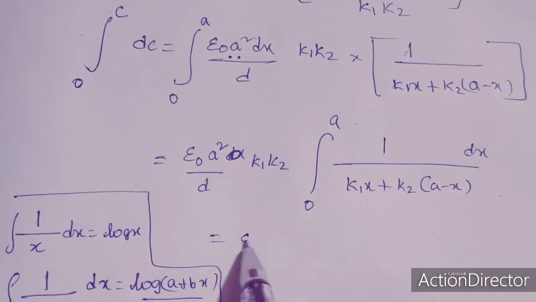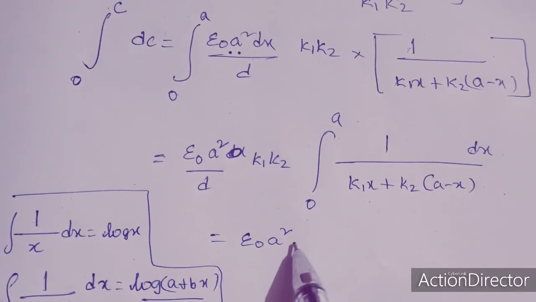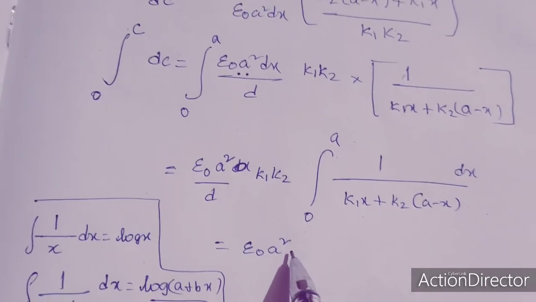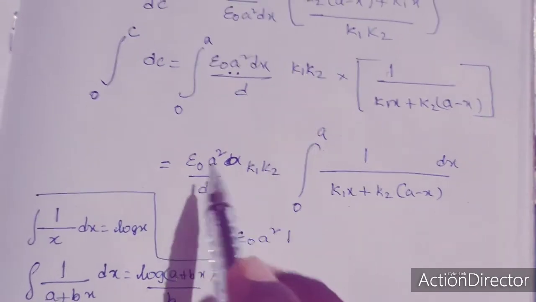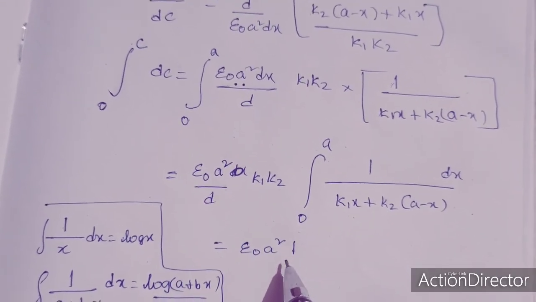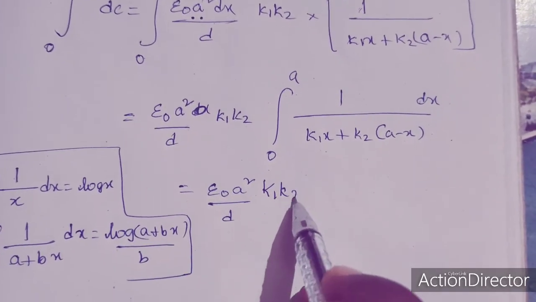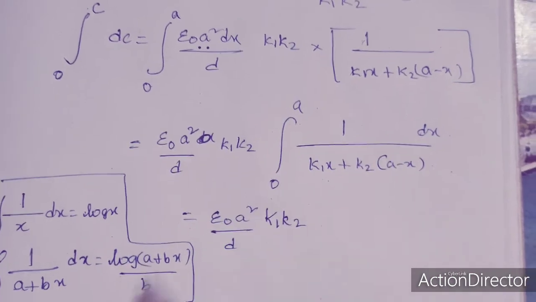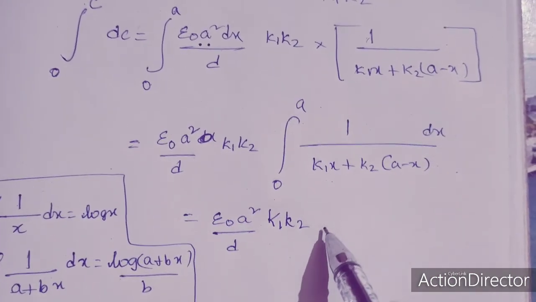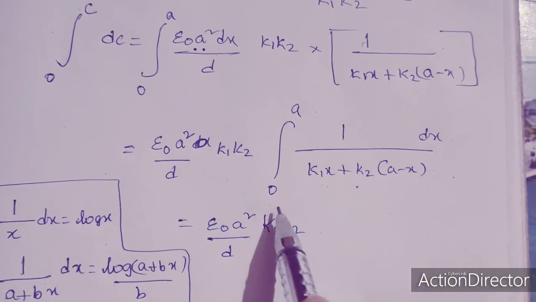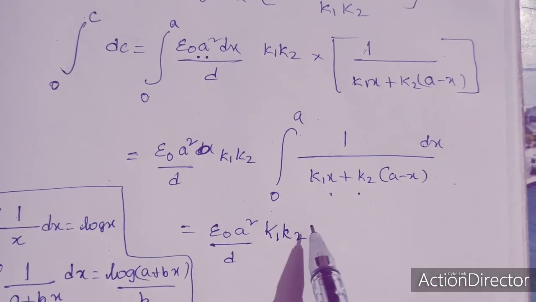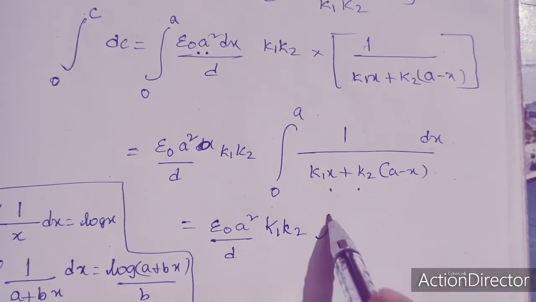Write epsilon naught a square divided by d into k1 k2. Apply that formula: integral 1 by a plus bx dx equals how much?